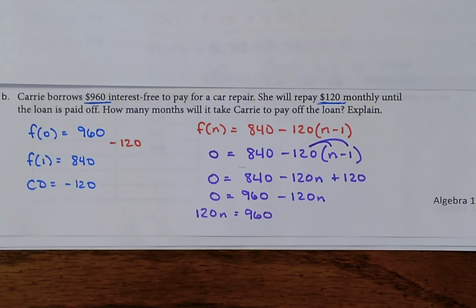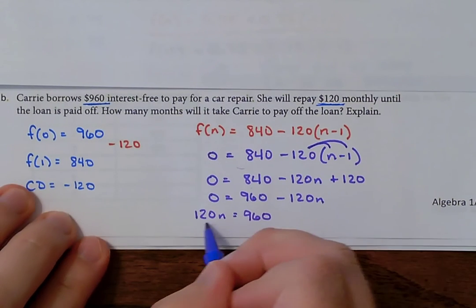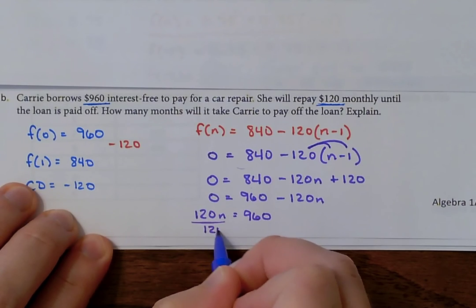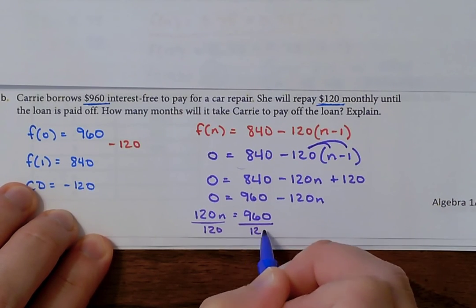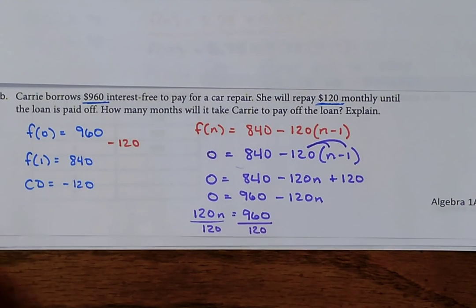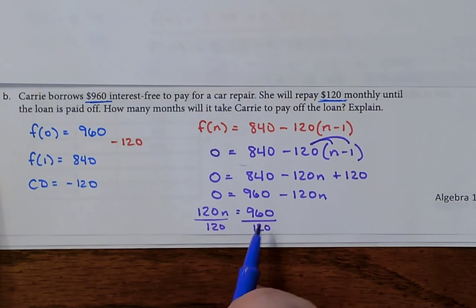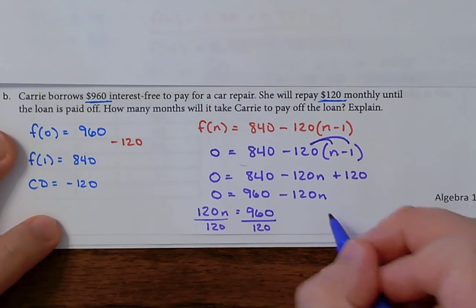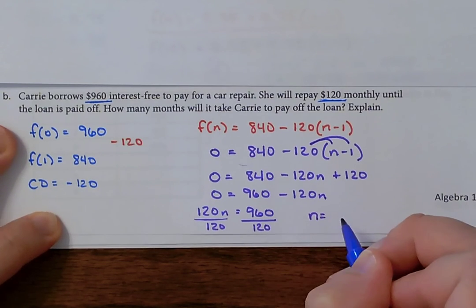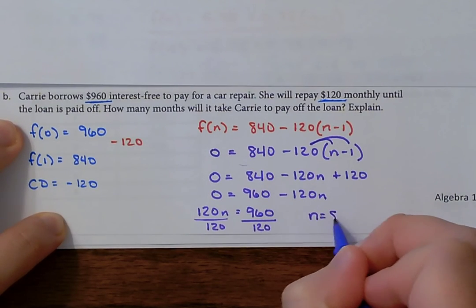At this point, you should feel comfortable in solving, where to get n alone, you have to divide by 120. And if I do 960 divided by 120, I get n to equal 8.